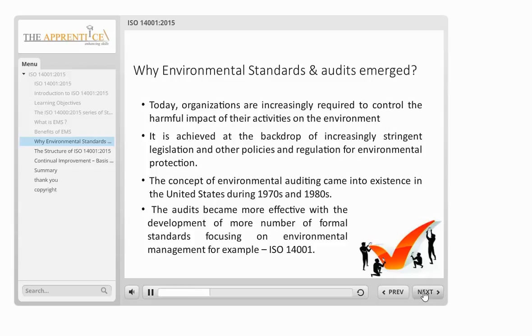The concept of environmental auditing came into existence in the 1970s and 1980s in the United States. Since then, many organizations have undertaken these audits to calibrate their impact on the environment, which further led to improvement programs and linkage to environmental policies. After 1990, the industry witnessed development of a large number of formal standards covering environmental management.